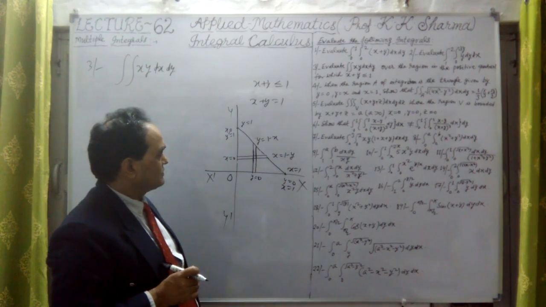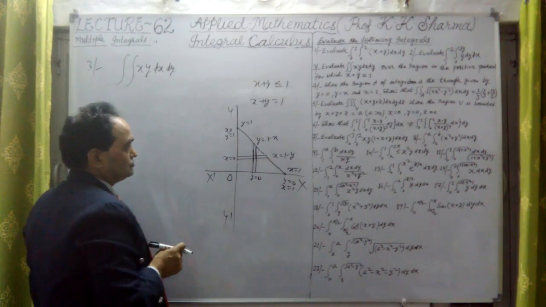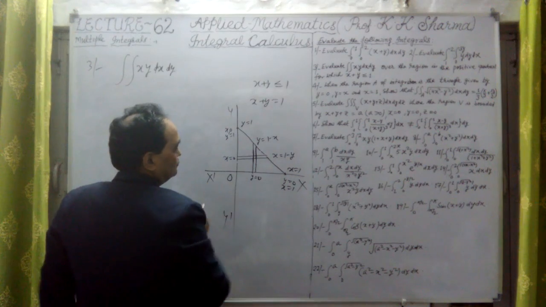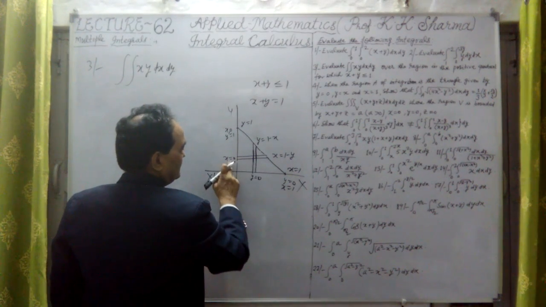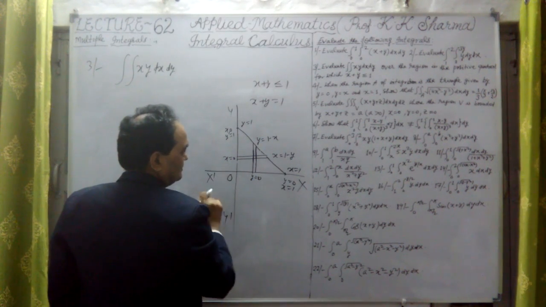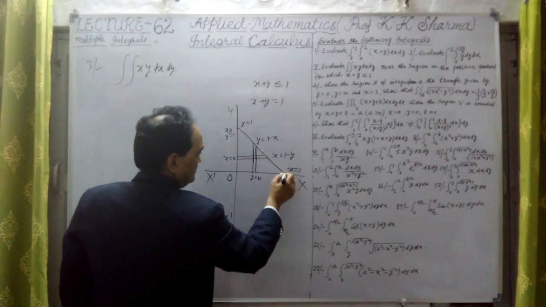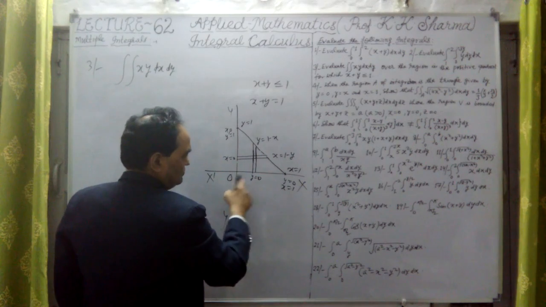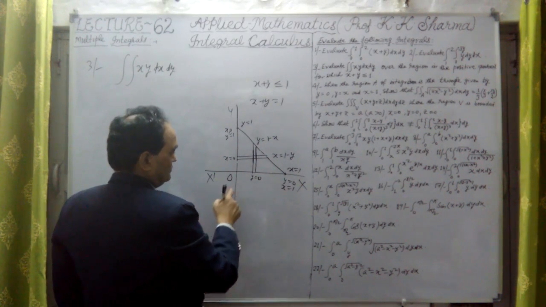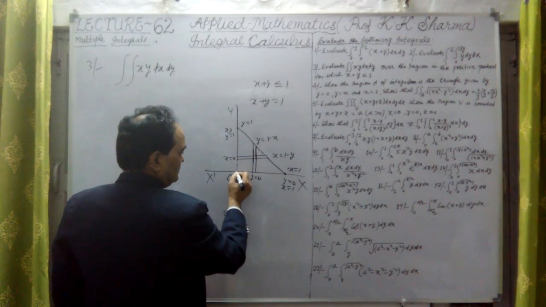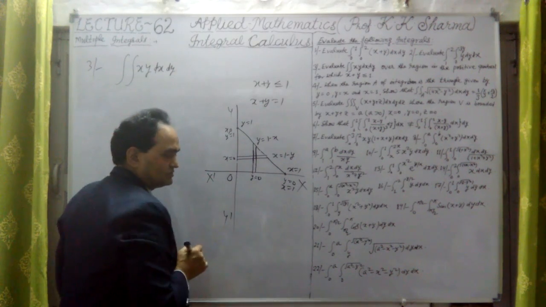Now let me take what the values are here. So x equal to 0 to y equal to 1 minus x, and x equal to 0 to x equal to 1 minus y, and y equal to 0 to y equal to 1 minus x. The limits here at this point are 0 to 1. Here x equal to 0 at this point, and up to this x equal to 1.